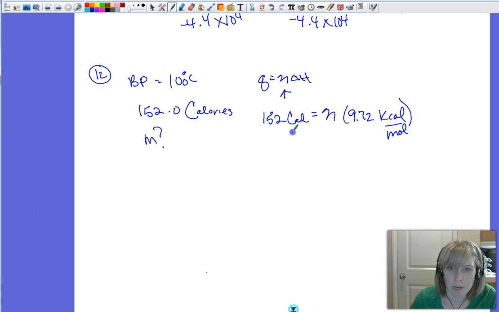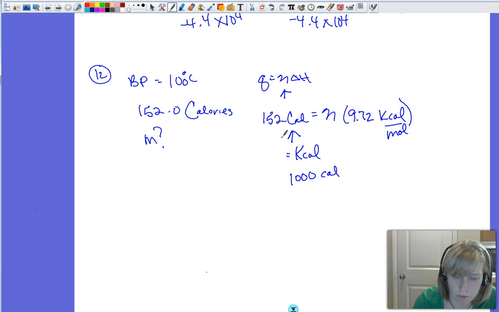Now, in case you forgot, capital C is the same as kcal. It's 1,000 calories. So when we divide our 152 by our 9.72, this is going to give us 15.6 moles.